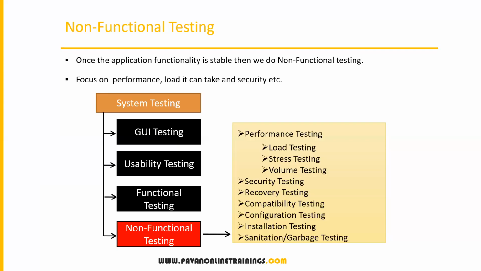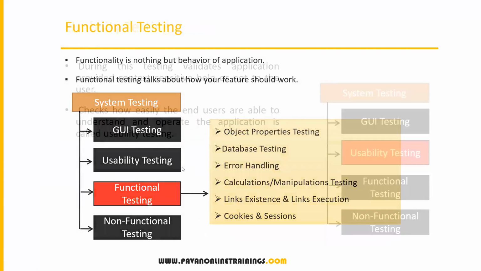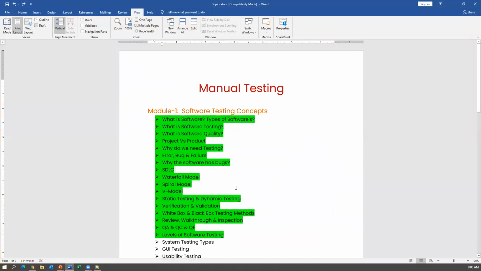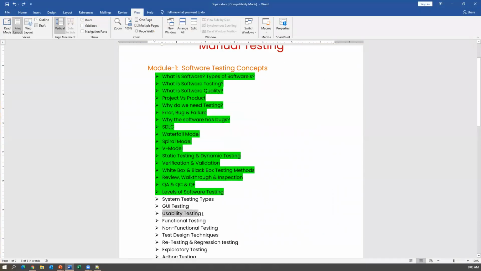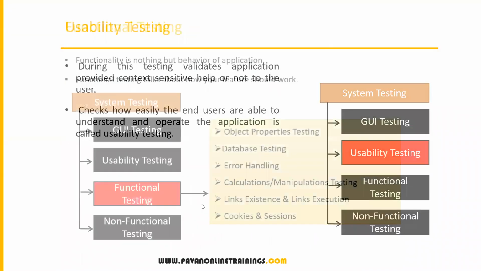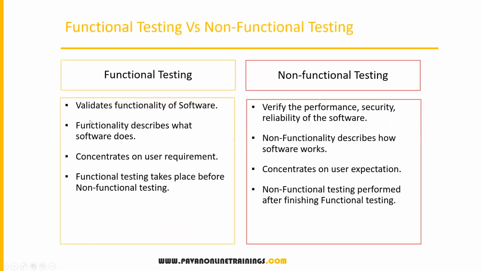So this is all about system testing types. We have discussed different types of system testing: GUI testing, usability testing, functional testing, and non-functional testing. Finally, let us understand the differences. Maybe in an interview people will ask you, what is the difference between functional and non-functional testing? Let me summarize the points. In functional testing, we validate the functionality of the software, whereas in non-functional testing, we verify performance, security, and reliability of the software.